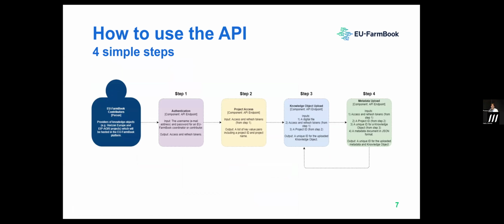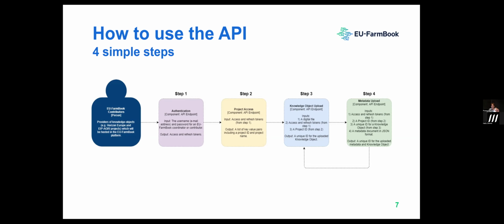Now, let's see how to use this API. First of all, you should have an account on the EU-FarmBook platform. I hope everybody has that now. Using those accounts, you authenticate yourself using an API. How do you authenticate? I will show you that, using an endpoint. Once you authenticate, you get 3 things: an access token, a refresh token, and your unique ID.